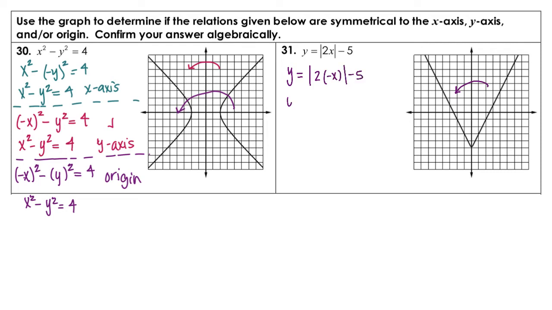And so looking at this, we have the absolute value of negative 2x, then minus 5. And keep in mind that's going to generate the same exact value that this would. If we started plugging in numbers, notice you will get the same exact value. So this one would be symmetric about the y-axis.